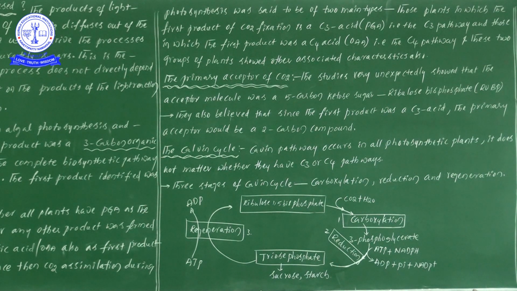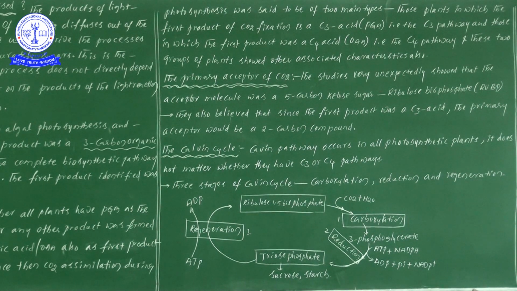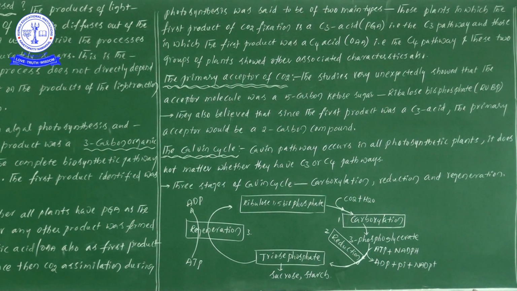Likewise, plants in which a 4-carbon compound is formed, they named C4 plants, and the pathway which takes place in C4 plants they named the C4 pathway. Did you understand the point? If the first product in plants is a 3-carbon product, those plants are named C3 plants.